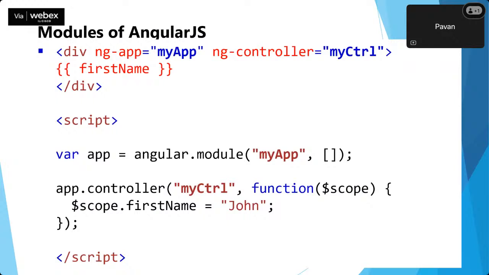So the $scope is used to create a variable, that is first name. So basically what this program will do is, while that expression is being executed, instead of first name, John will be printed. That's all. This whole code is for that only.